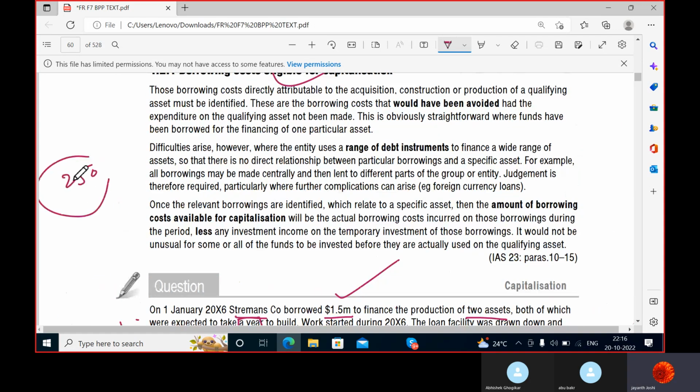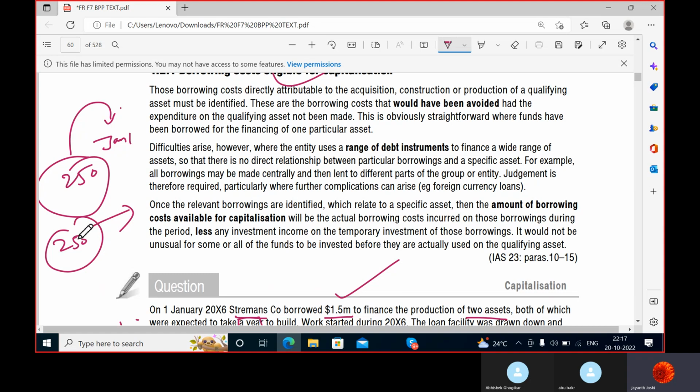250 he used on Jan 1st. That time he had 250. This he has invested. So 250 he has used completely on Jan 1st. Invested in the sense he has utilized for the project for construction of asset alpha on Jan 1st.